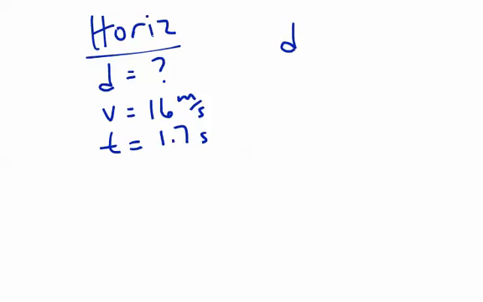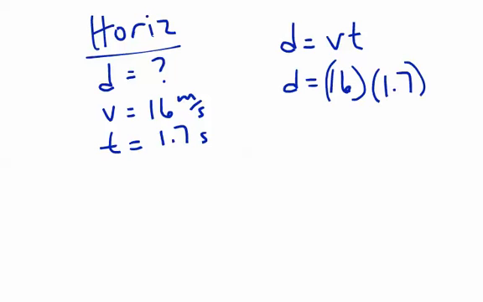We use our equation for constant velocity, d equals vt, and so that's going to equal 16 times 1.7, and we push our buttons on the calculator here, 16 times 1.7, and that gives us a displacement of 27.2 meters.